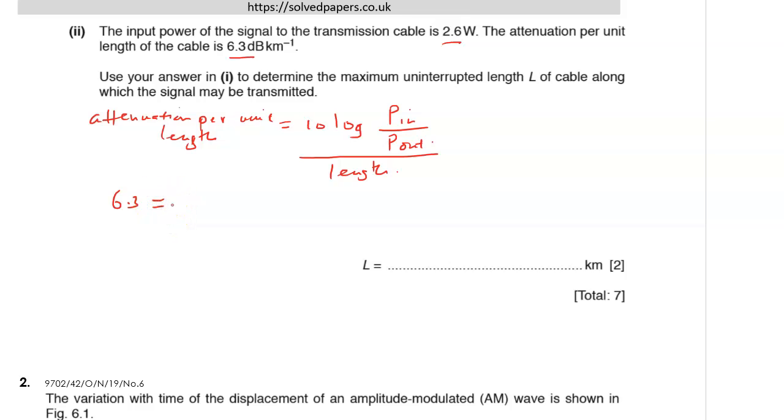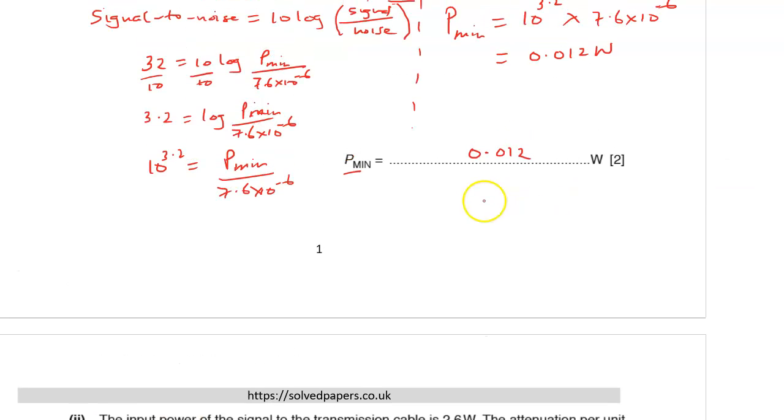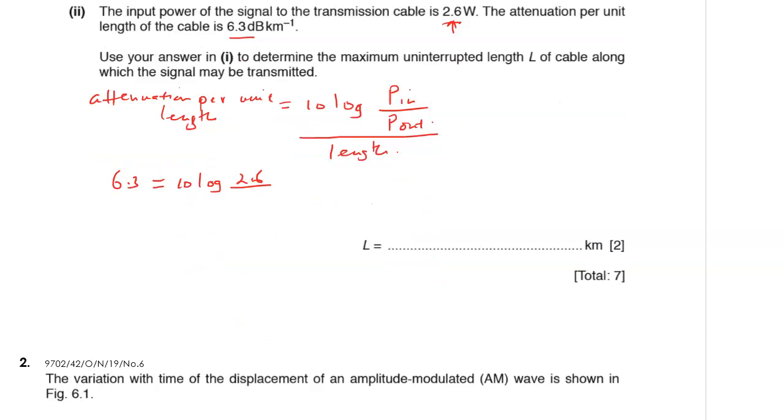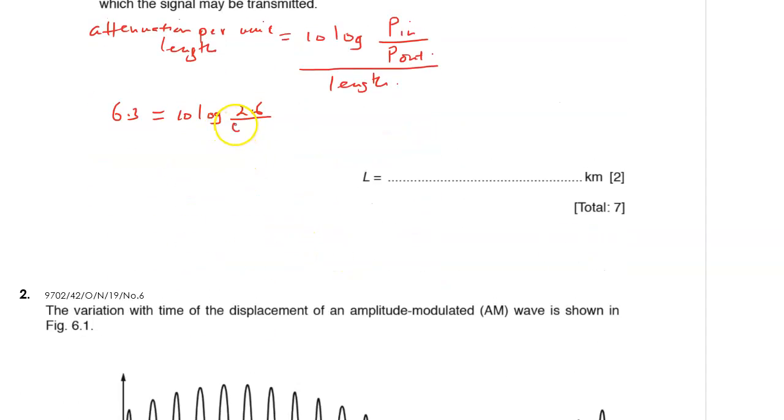So 6.3 is equal to 10 log power in, which we are told here is 2.6 watts, over power out, which is what we got in part 1, 0.012.